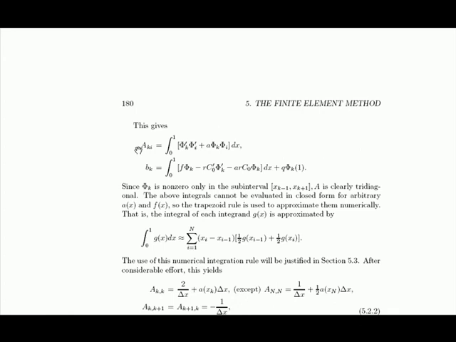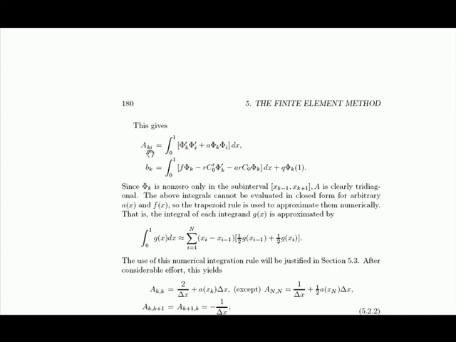Now the one-dimensional formulas for the components of the A matrix on the right-hand side are given here. Notice that A is going to be a sparse matrix because unless K is within 1 of I, then either phi k or phi I is going to be 0 at every point in the region 0, 1.